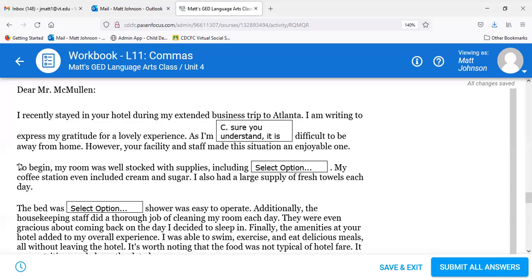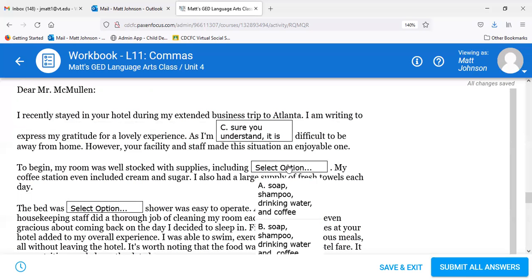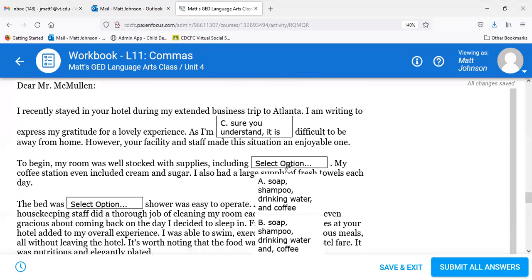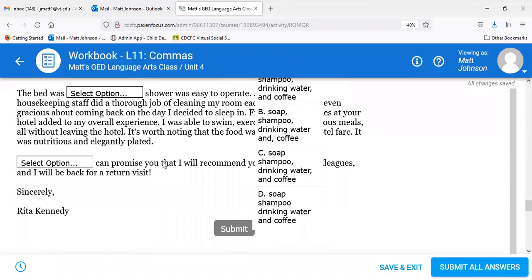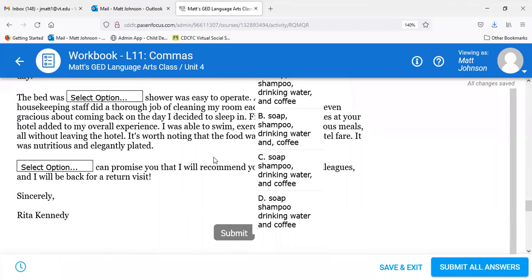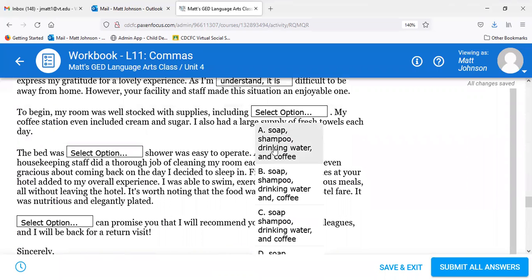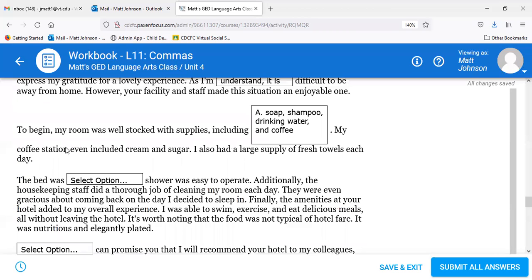To begin, my room was well stocked with supplies, including soap, shampoo, drinking water, and coffee. So we have A. Yep. Soap, comma, shampoo, comma, drinking water, comma, and coffee.